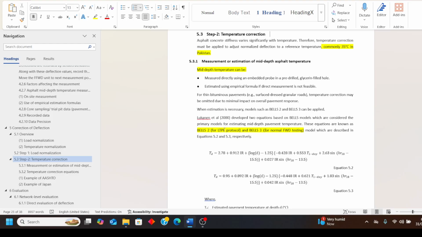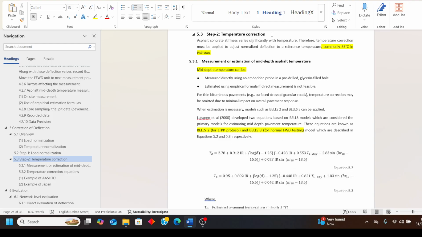The methods of correction are, number one, direct measurement, as I explained before, using the drilled probe to measure the mid-depth asphalt temperature, or we use estimate equations, using the Bell equation 2 or 3 basically, which estimates the mid-depth temperature using the air and surface temperature.